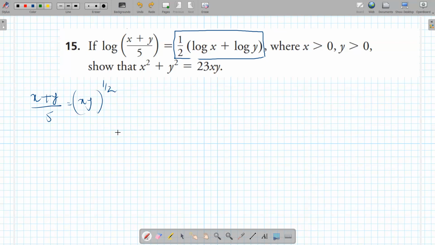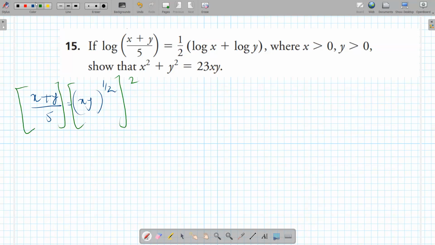You square both sides, because we don't see any square roots in the final answer. A 1 over 2 power means square root, so we need to get rid of that 1 over 2 power, and the only way to do that is to square both sides.